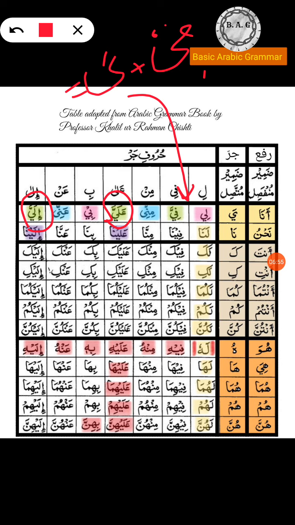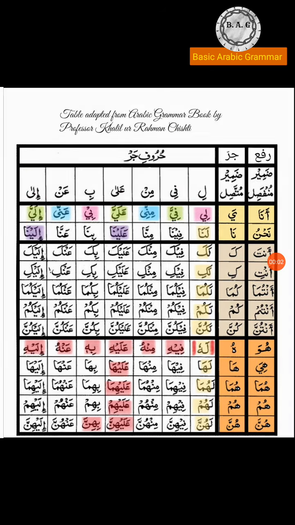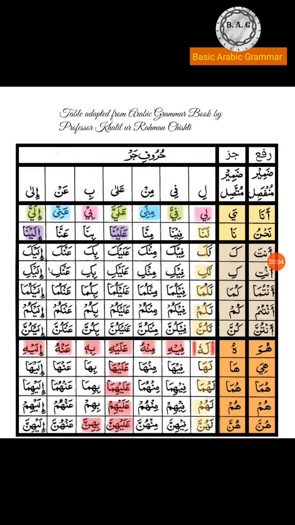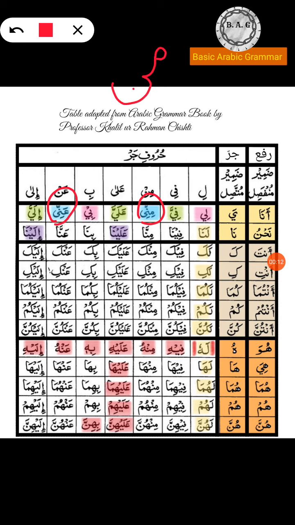So this was our second point of discussion. Next we have minni and anni. Since it's ending with noon already, we join it with ni. It becomes minni and then anni: from me, upon me, or about me.